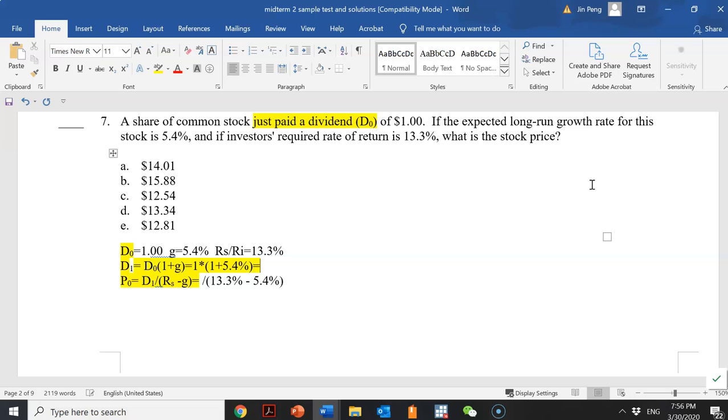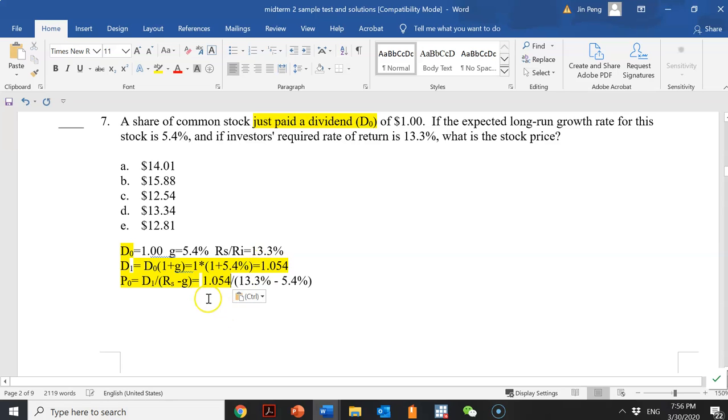This should give us 1.054. And then we use this D1, 1.054 divided by RS, 13.3% minus G, 5.4%. We should get P0 as 13.34. So we choose option D.